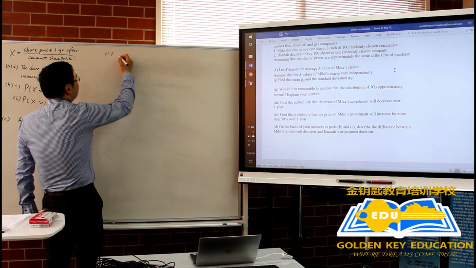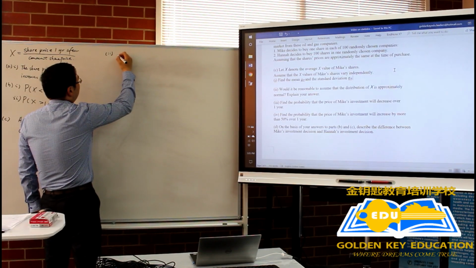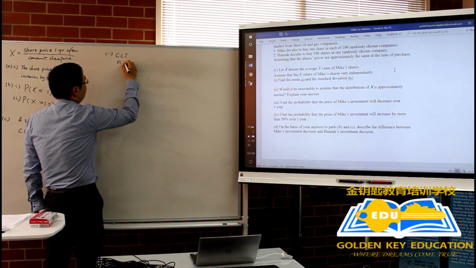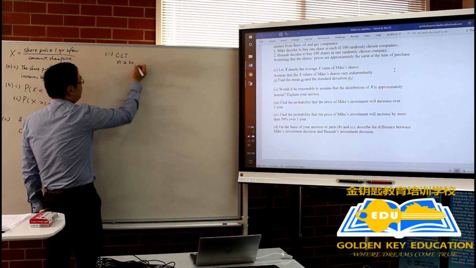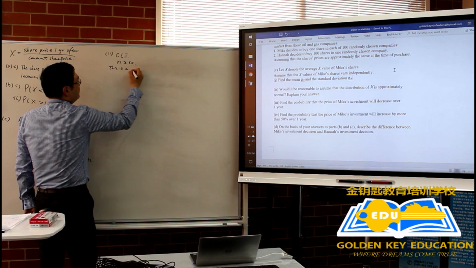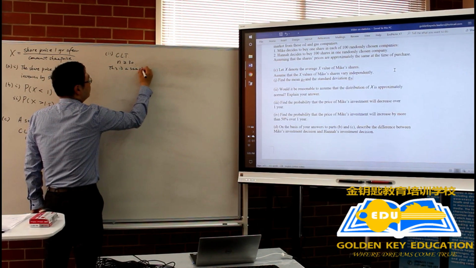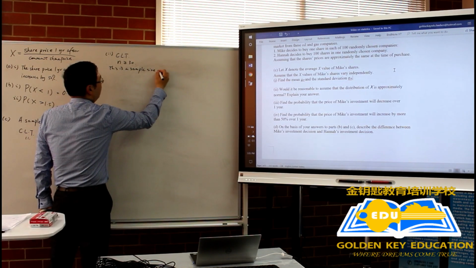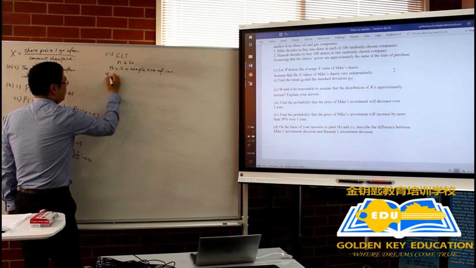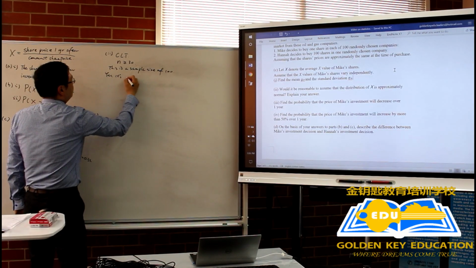From all your textbooks, you will require a sample size n greater than or equal to 30. Well, in our case, this is a sample size of 100. So yes, it is reasonable.